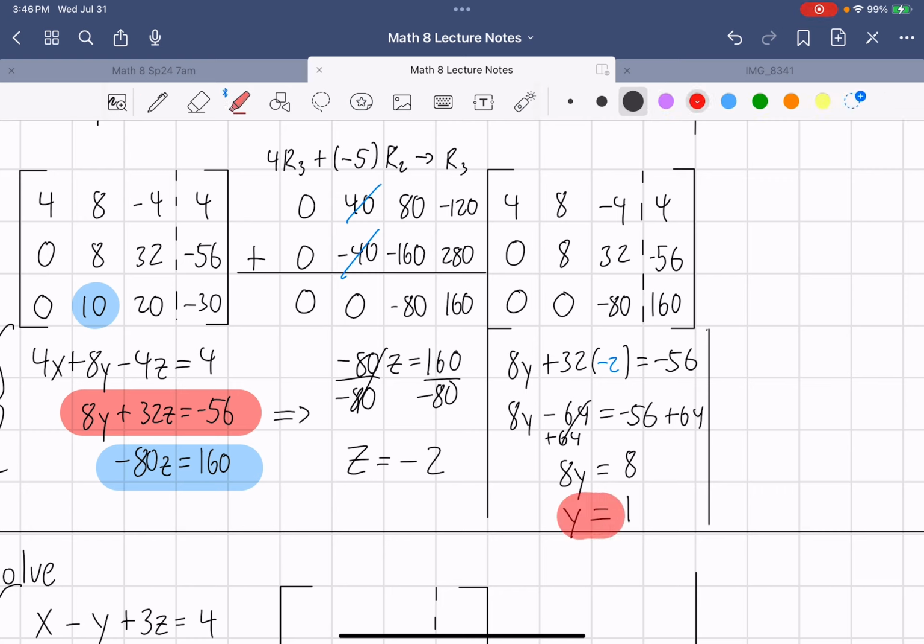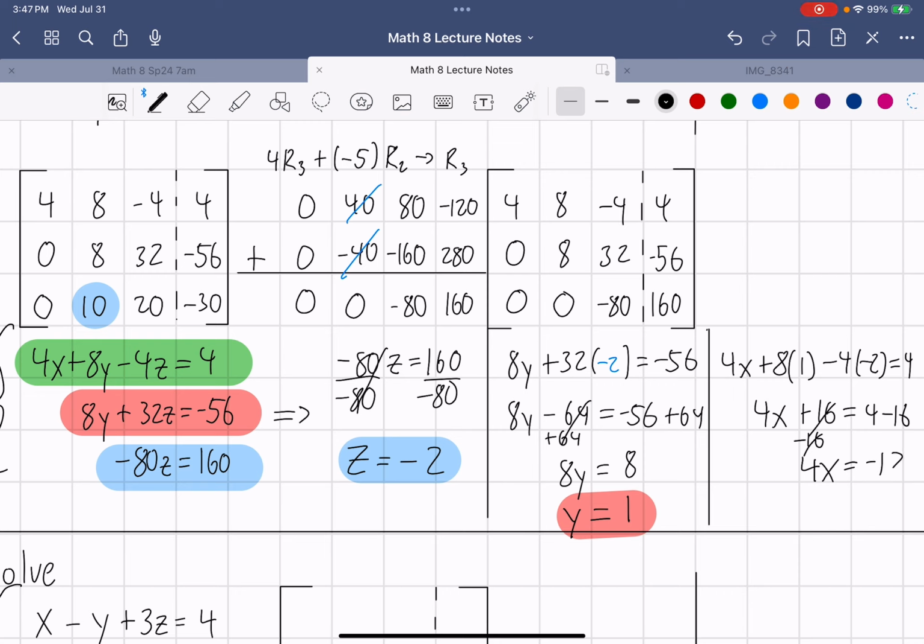Negative 4 times negative 2 is going to give me positive 8. 8 plus 8 is going to give me 16 is equal to 4. I'm going to subtract 16 from both sides. That leaves me with 4x is equal to negative 12. Hence, x, dividing by 4 on both sides, is going to give me x is equal to negative 3.